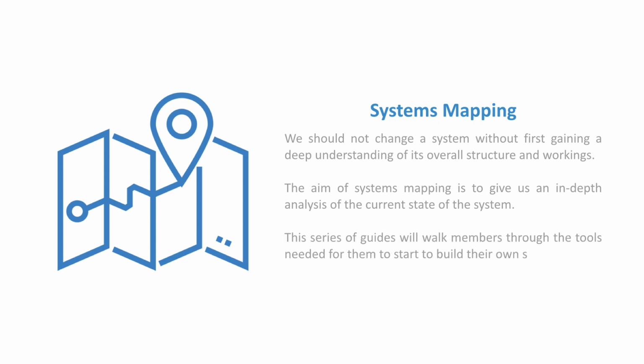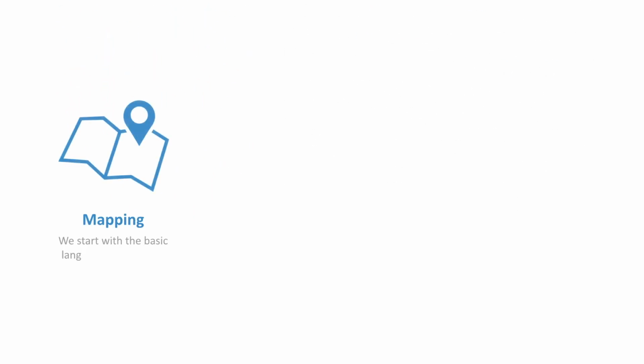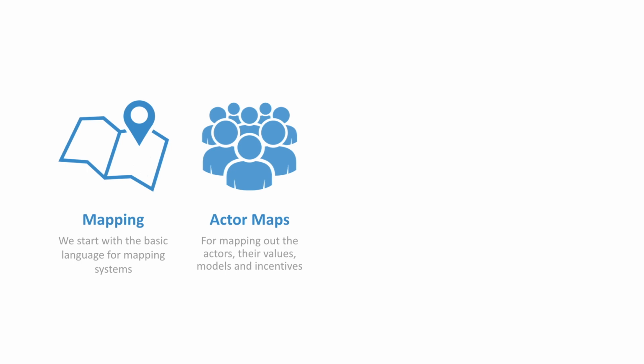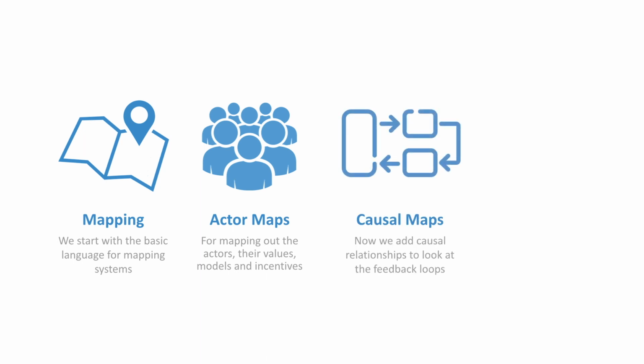So this series of guides will walk members through the tools needed for them to start to build their own systems maps. We start off with the basics of the systems mapping language and get familiar with that. We jump into actor mapping, mapping out the actors in the system, their values, beliefs, models, incentives, power dynamics, and so on. Third section covers causal maps.